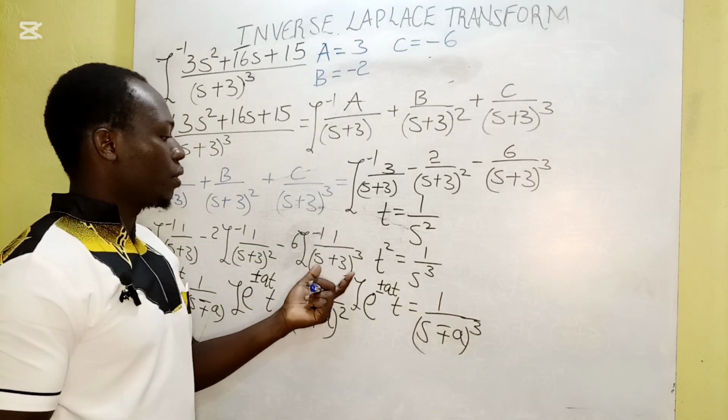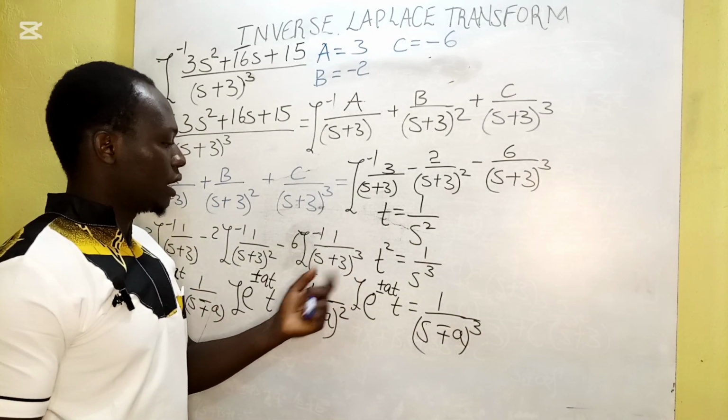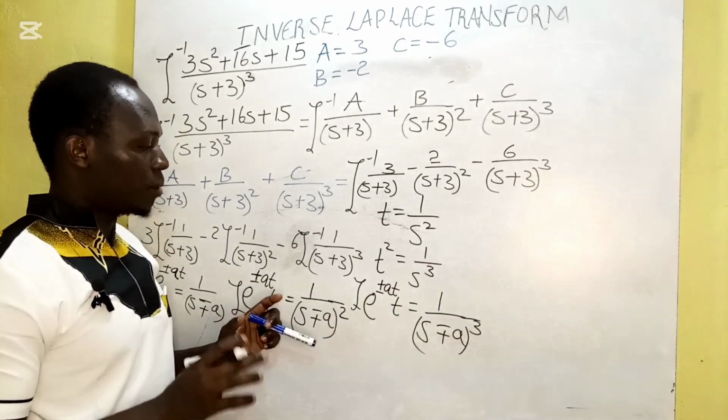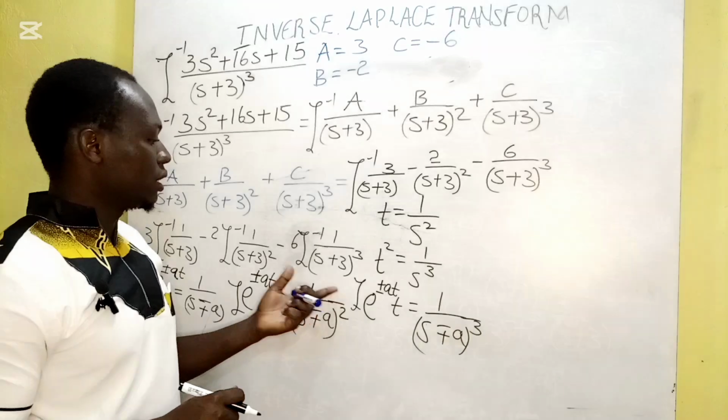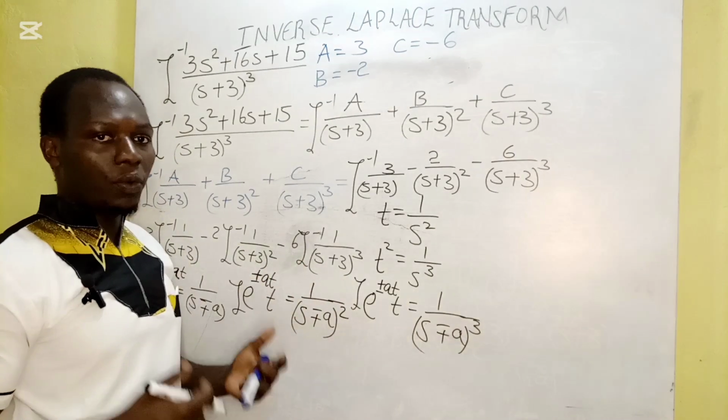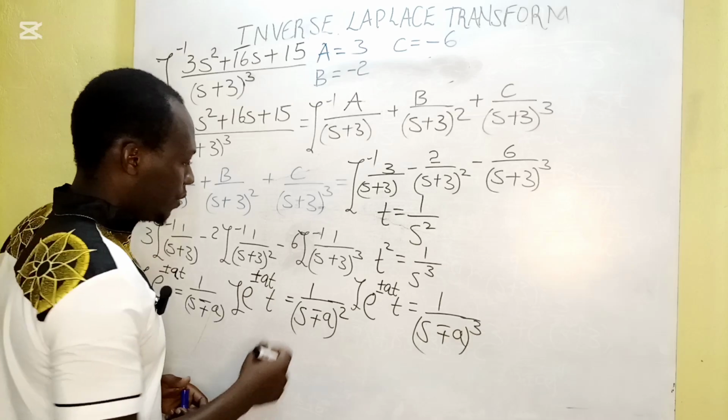And that is how you go about functions like this one. Once you are good with the first principle of Laplace transform, getting all these functions now will be very easy.